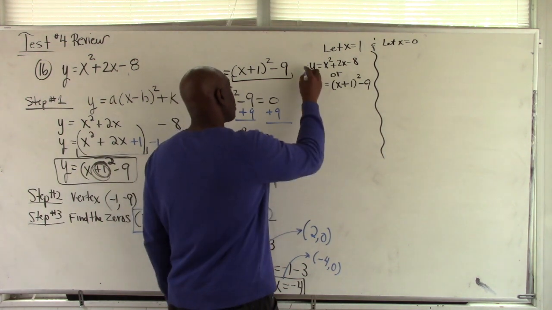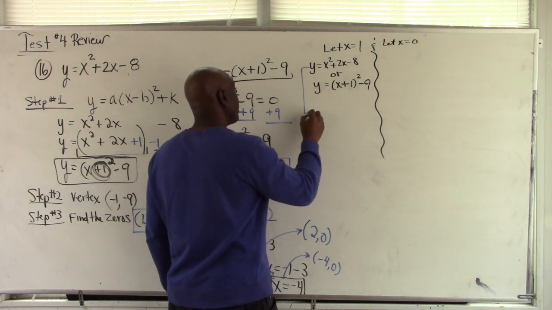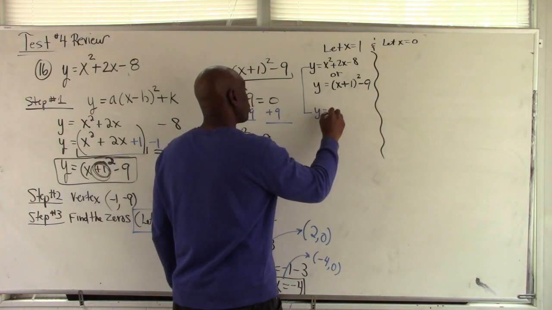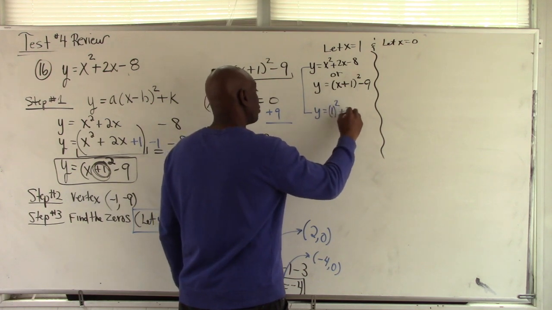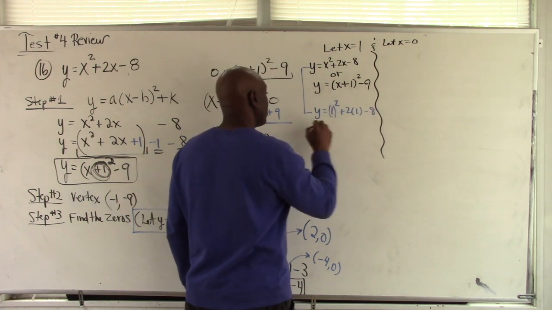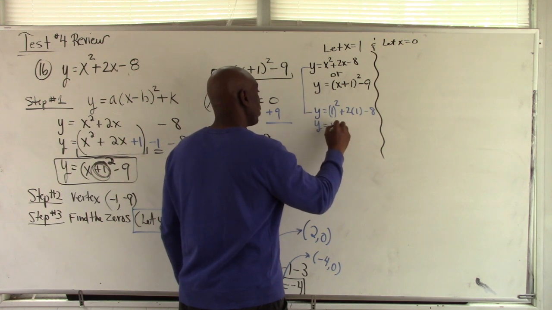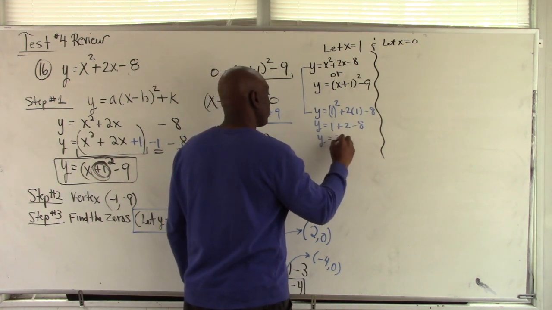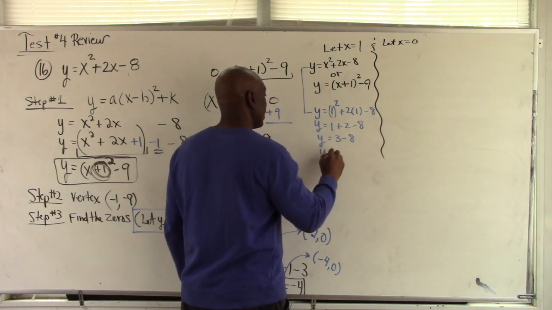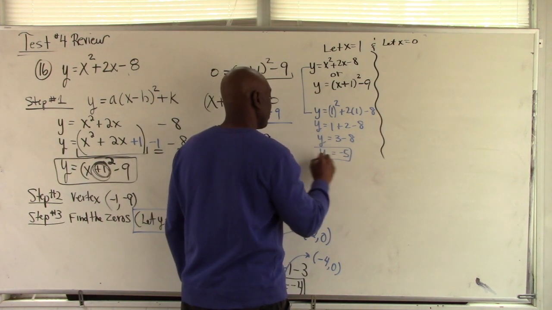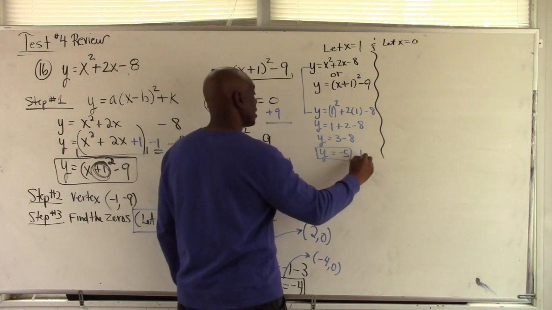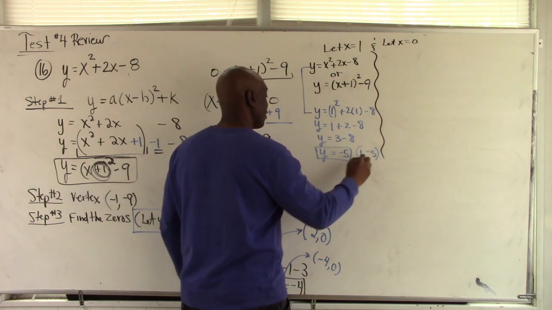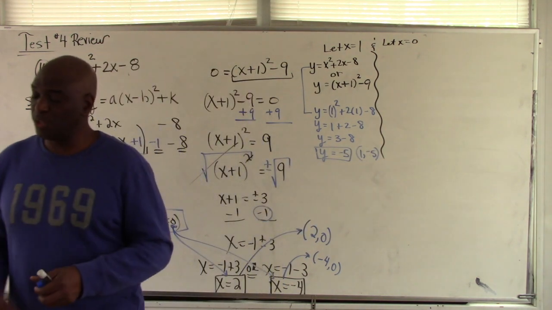Alright, if I choose the first one, that's going to give me y equals 1 squared plus 2 times 1 minus 8. And so y is going to equal 1 plus 2 minus 8. And so y equals 3 minus 8. So y equals negative 5. So I get the point 1 comma negative 5. Right? Or what if I use the second one?